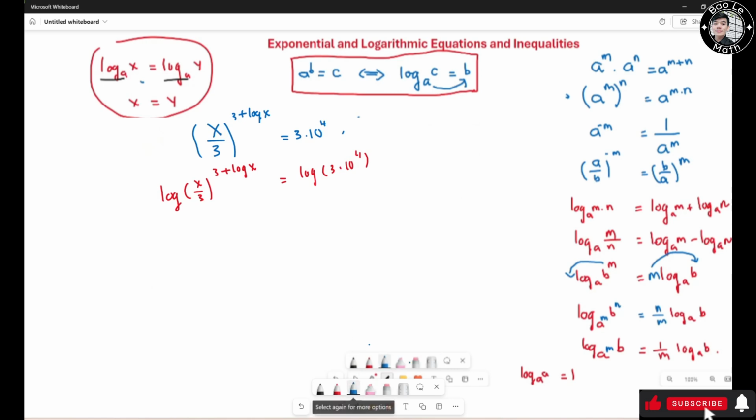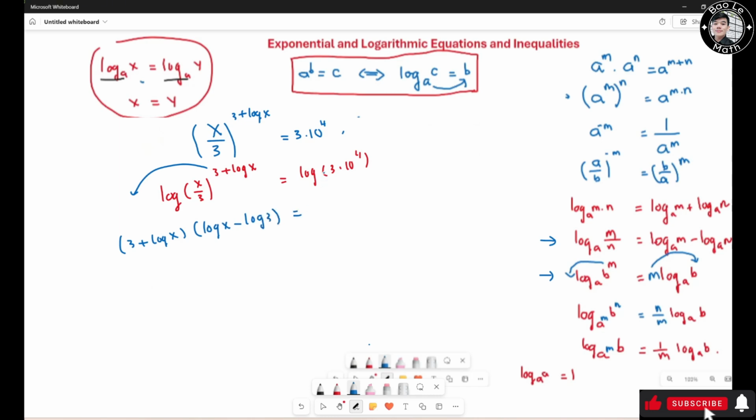And then I'm going to use the formula right here to bring this exponent to the front. So it's going to be (3 plus log s) altogether times log of (s over 3), right? So this is the quotient. I can apply this formula to turn this one into subtraction. So it's going to be log s minus log 3, right?